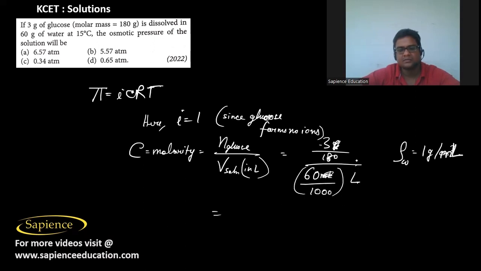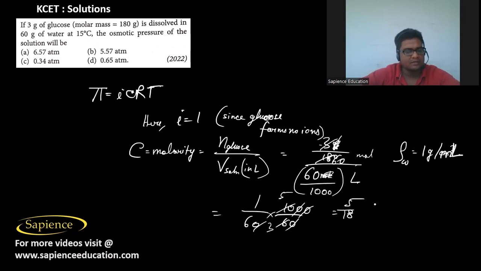So this will be mole per liter. So it is 3 by 180, that is 1 by 60, into 1000 by 60. The zeros cancel out. So 2 3s are 6, 2 5s are 10. So this will be 5 by 18 gram mole per liter, or molar, we can tell.